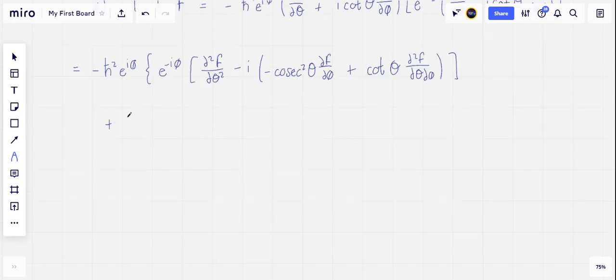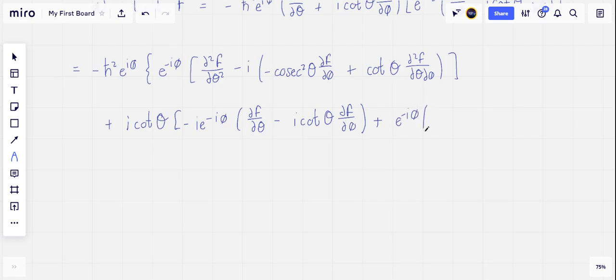And this is plus i cotan of θ into minus i e to the power minus i φ into df/dθ minus i cotan θ df/dφ plus e to the minus i φ into d2f/dφdθ minus i cotan θ d2f/dφ².